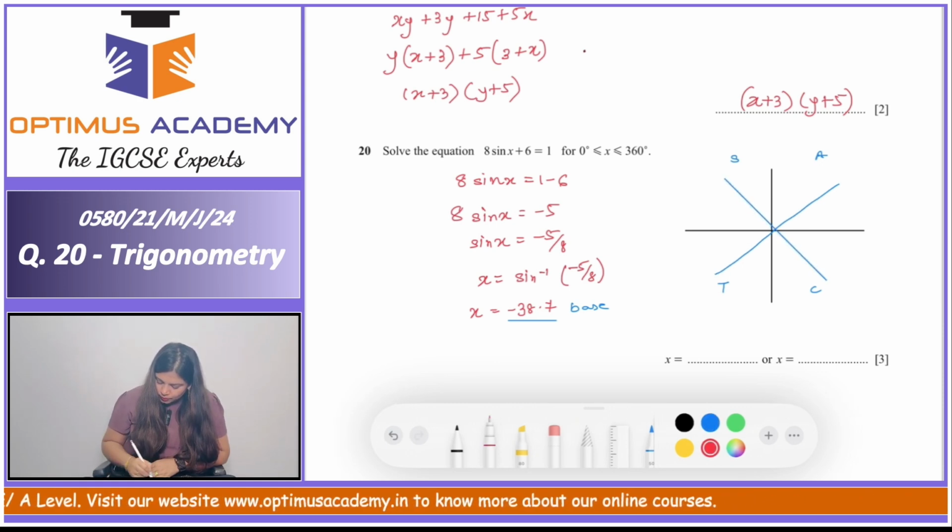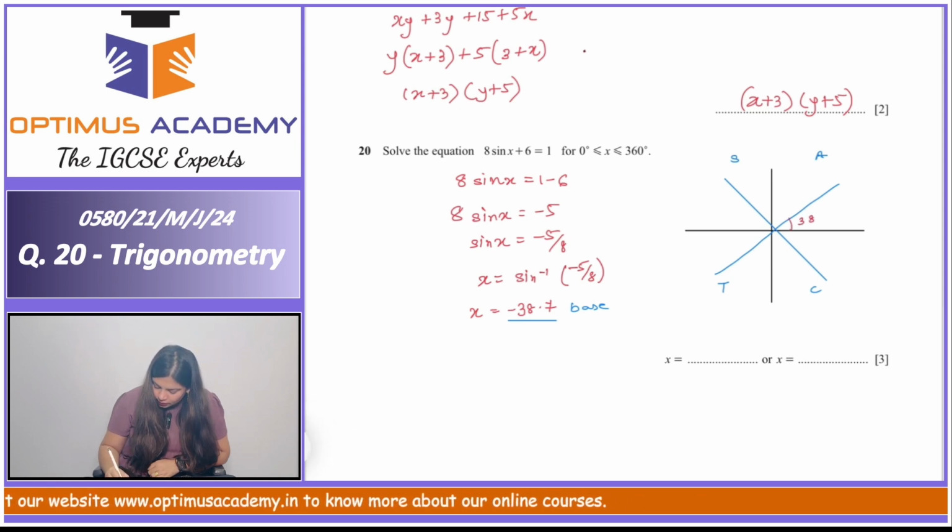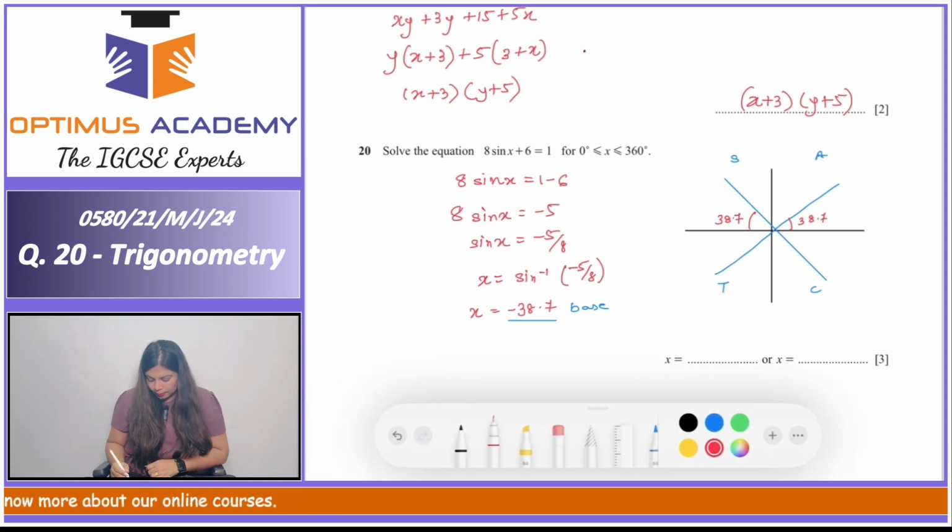So the two quadrants where we're going to write the base angle would be 38.7 in all and in sine 38.7. If you can see, the base angle that we have obtained is negative, hence we're going to go in clockwise direction.